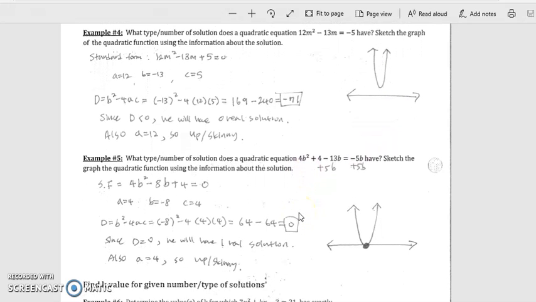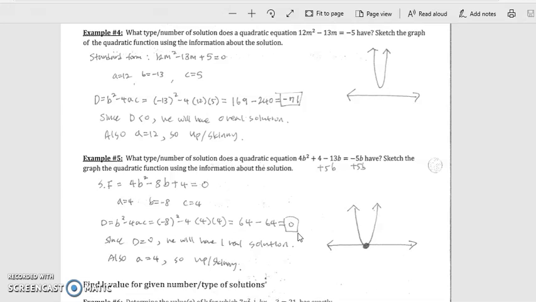Example number 5. What types or number of solutions does the quadratic equation have? Again, moving the 5b to the other side, rearranging order so it's in standard form. A is equal to 4, B is equal to -8, and C is equal to +4. Plugging those values in, you would end up with a 64 minus 64, which is 0.